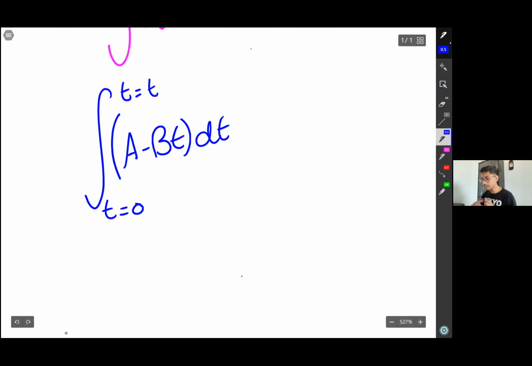Now, this would be fine. However, it draws a little bit of confusion when we say t is equal to t. So what I can do is, dt is a dummy variable. I could just put a little dash on all the t's I see, just to clear up the confusion that this t and this t are not the same t's. Okay, so from basic calculus, you should be able to see that a is basically a times t to the power of 0.